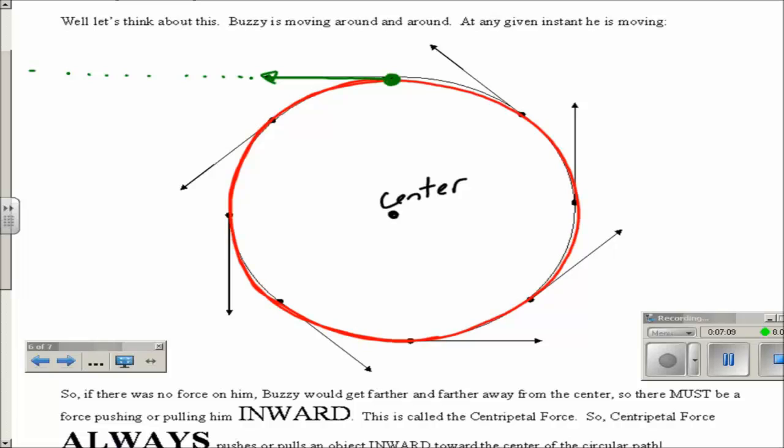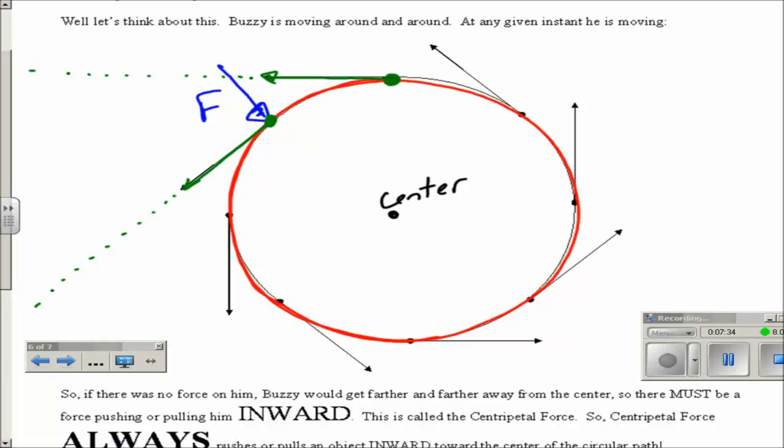But there's a centripetal force. Remember, centripetal means center seeking. A force forcing him back towards the center of the circle to keep him on his circular path, right? So now the bee has been pushed or pulled inward, so now he's here. Now he's going this way. If there was no force on him, he would move away from the center of the circle.